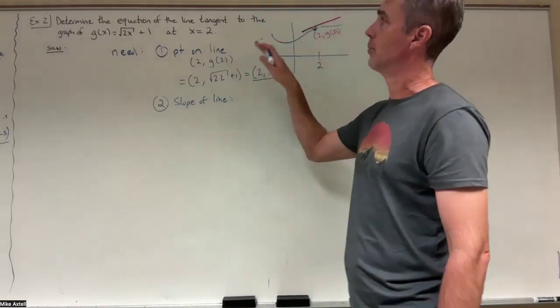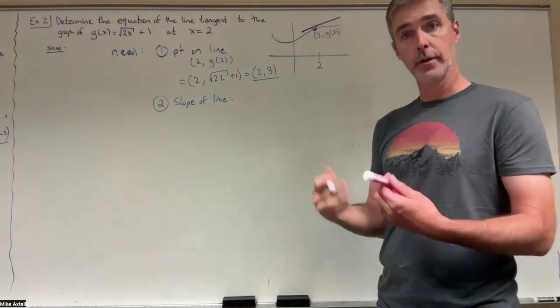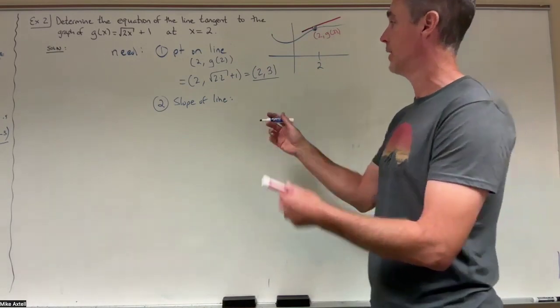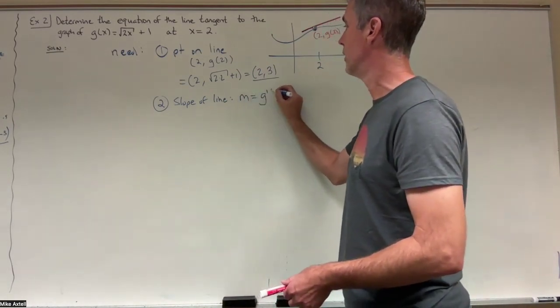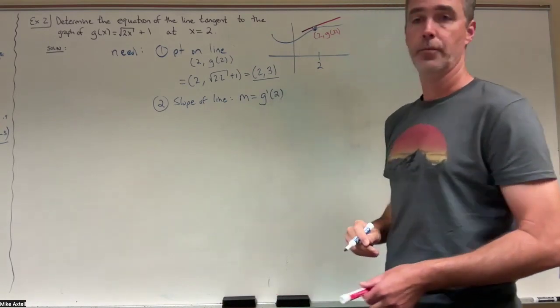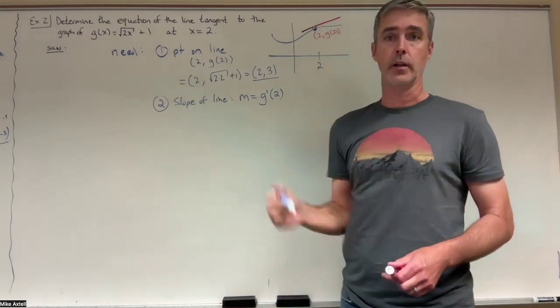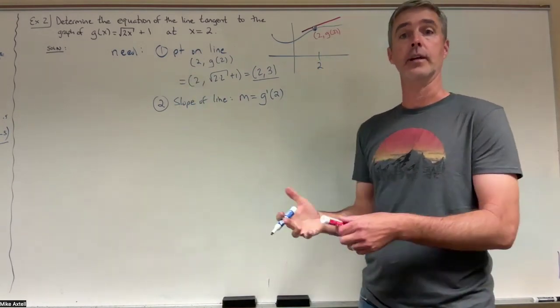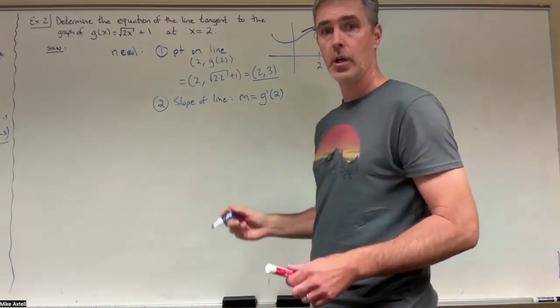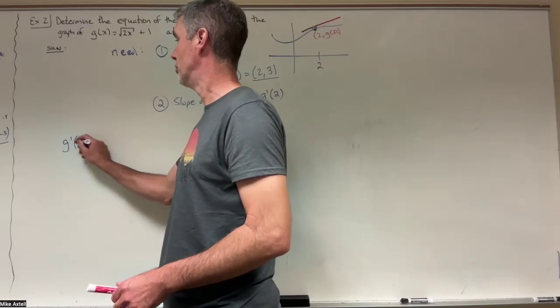Now I'm after the slope of the tangent line, and I know that's the instantaneous rate of change or the derivative of the function at 2. So my slope is going to be the derivative of my function at 2. I'm going to do a fair bit of work to calculate this derivative using our limit, and then I'm going to have my slope and a point on the line, and I'll put together the equation of the line. So over here, let's do g prime of 2.